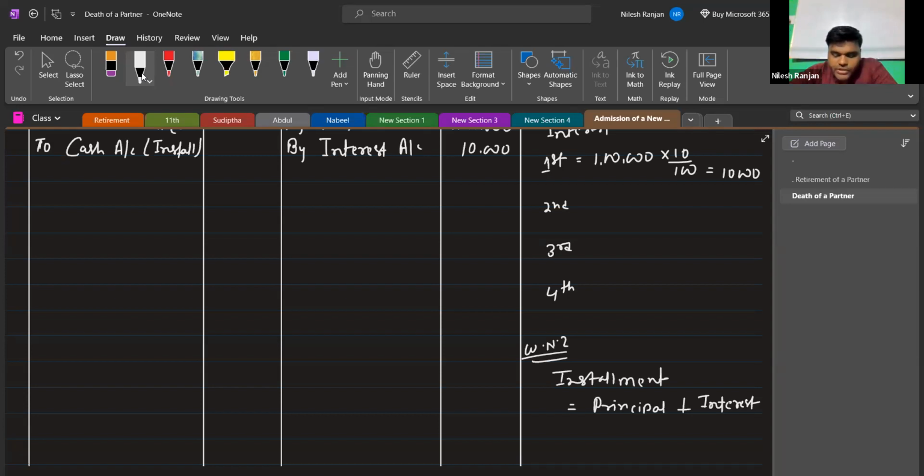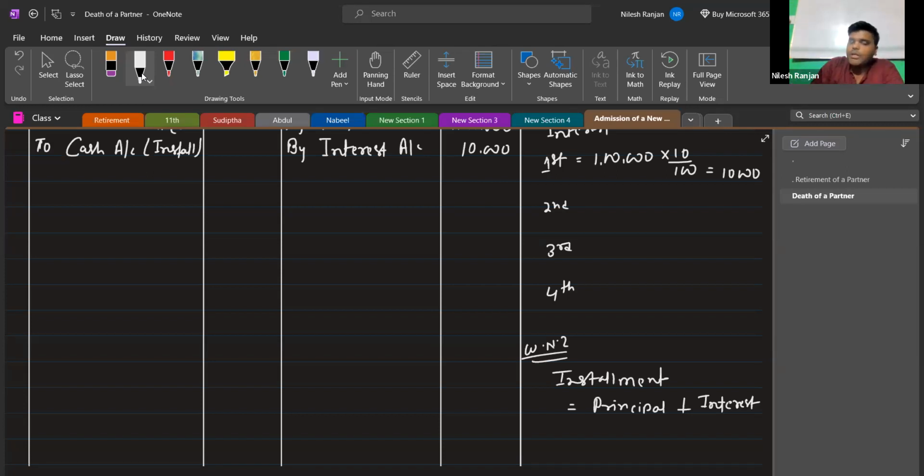Should I repeat the question? The total balance payable is 1 lakh. And we have to repay this 1 lakh in 4 equal annual installments. So what will be the amount of each installment? 25,000.